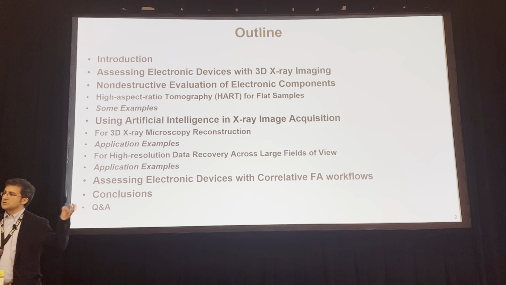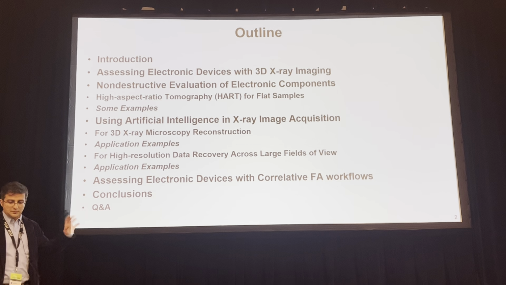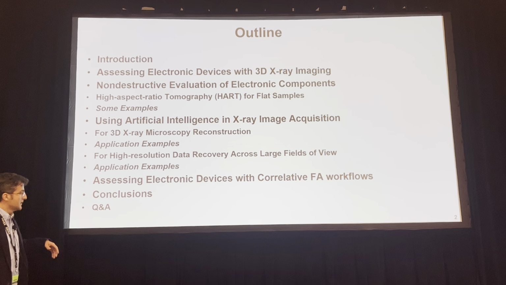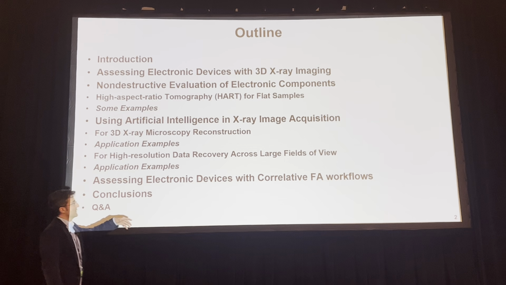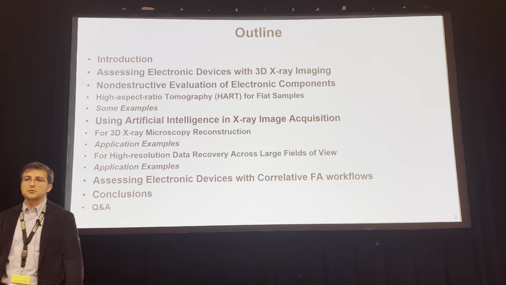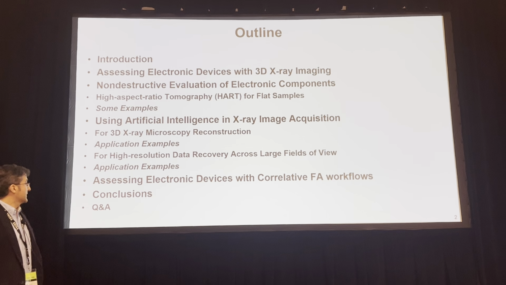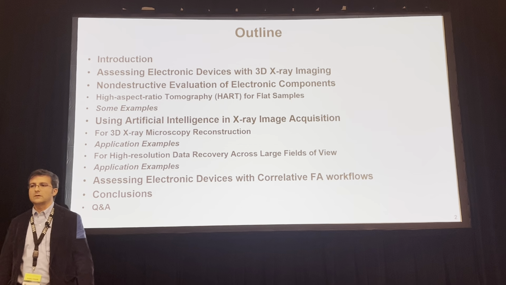I will give you some more examples so it is clear to you, and I'll talk about two possible approaches to do image acquisition with artificial intelligence. The last topic is how to use this with other correlative workflows from failure analysis, including electron microscopy, and then some conclusions and time for questions and answers.